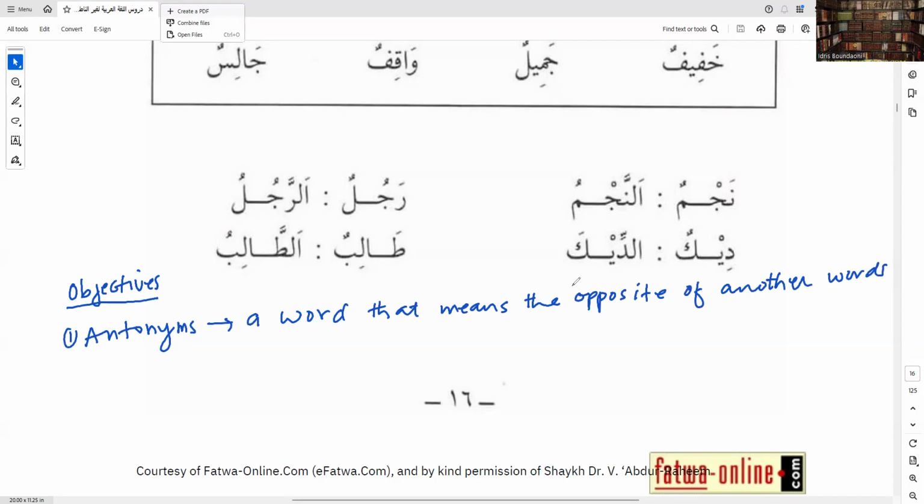So if a word means the opposite of another word, then we have antonyms. So we're going to learn some few antonyms in Arabic.